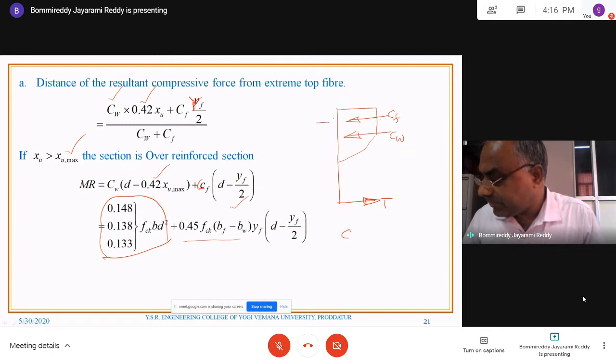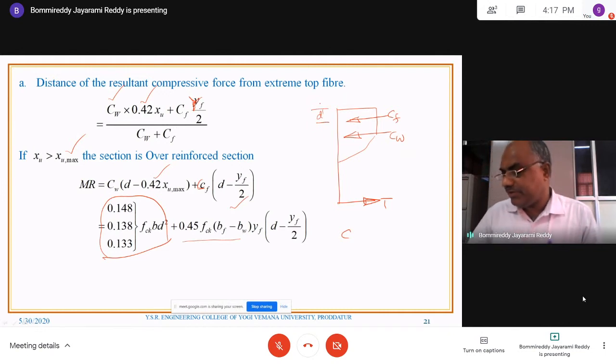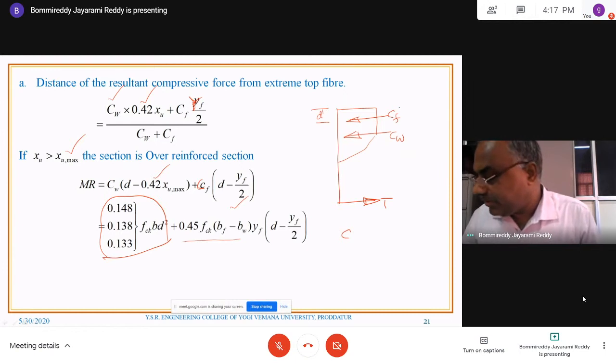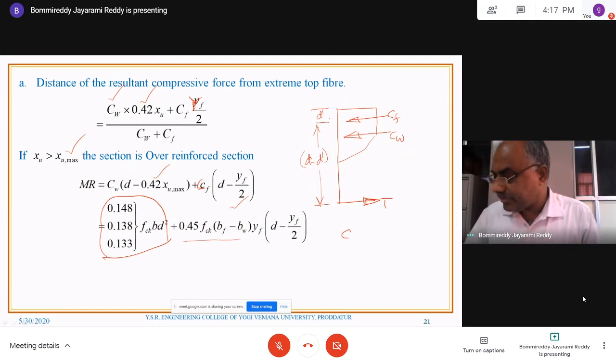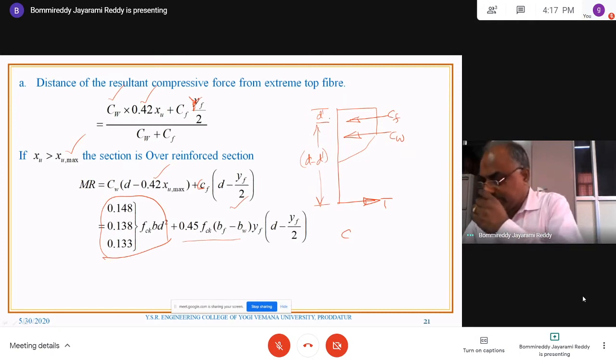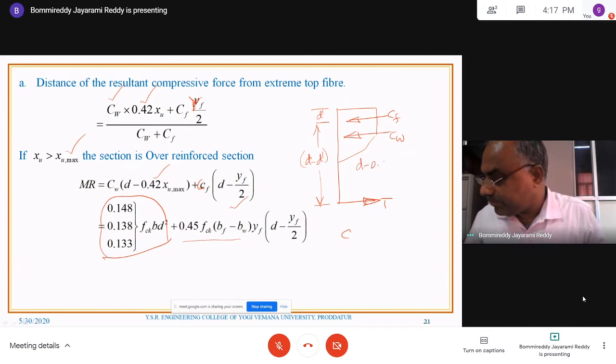From CF to the top it is D dashed, the effective cover. So CF to T it is D minus D dashed. What is CW? CW is nothing but D minus 0.42 XU.